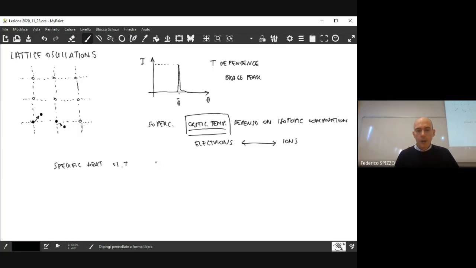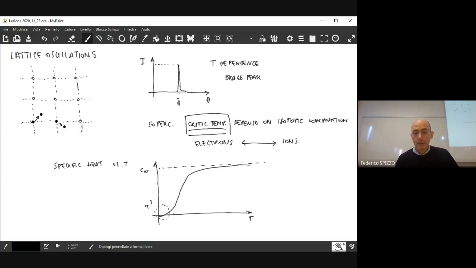We know that the experimental result is given by a dependence like this one here. The specific heat has a saturation value at high temperature, but at low temperature, we have a power law dependence that is represented by a T to the power of 3 law here.